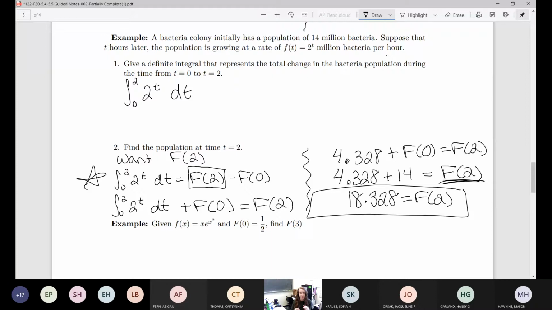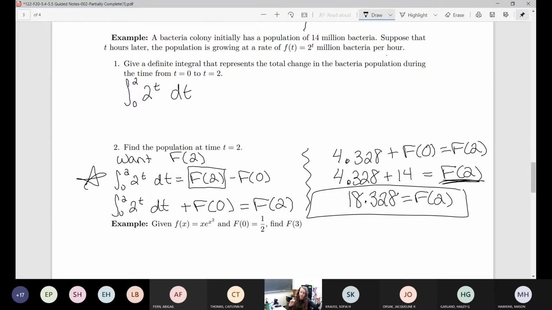So since we want the value at 2, and we actually know the value at 0 because we know the initial population, we would want to set up the integral from 0 to 2. Say we were told the population after 1 hour, we would use 1 and 2 instead of 0. So it depends on what value you're given and which one you want. But since we want 2 and we have 0, we set our integral up that way.